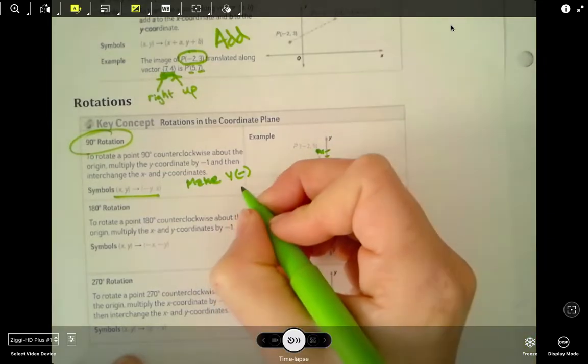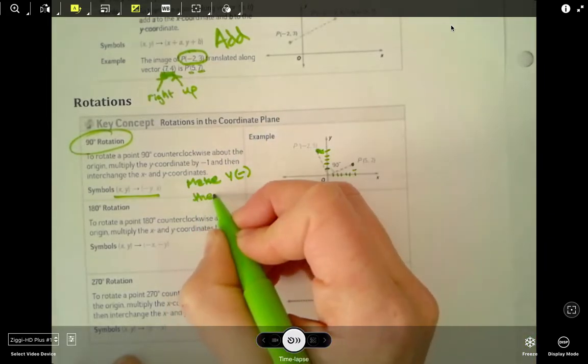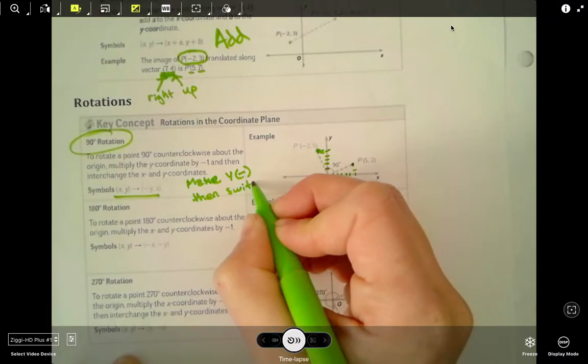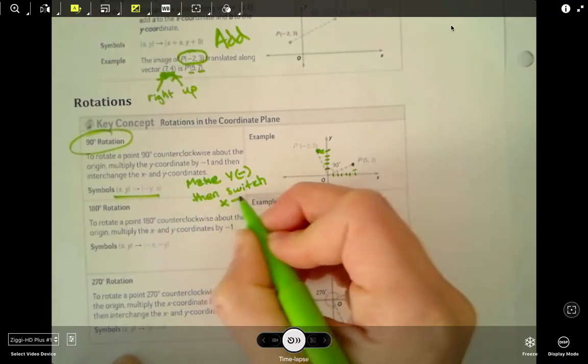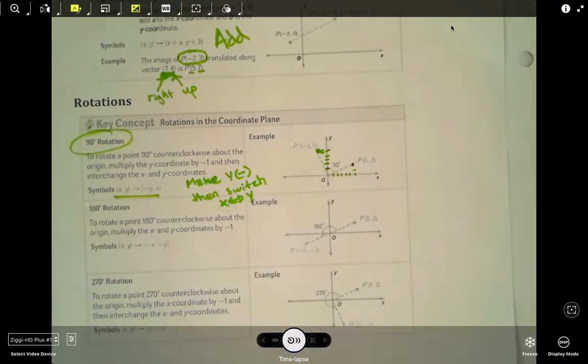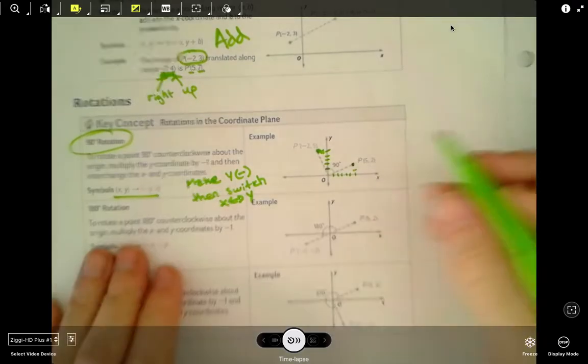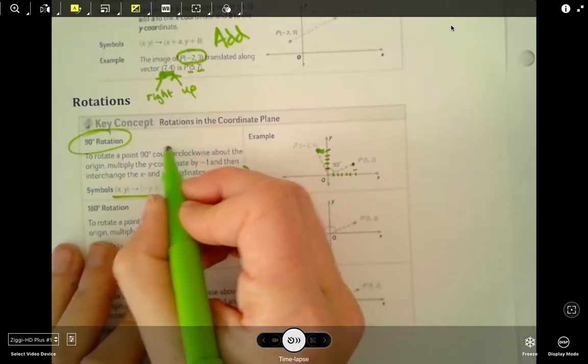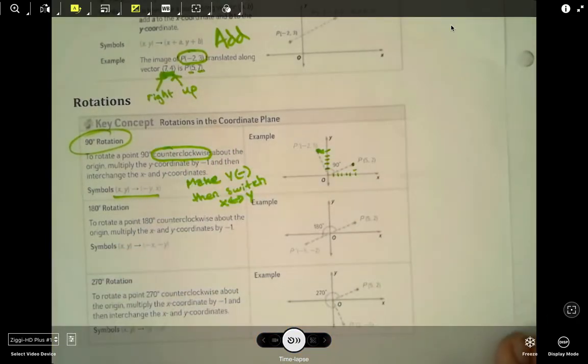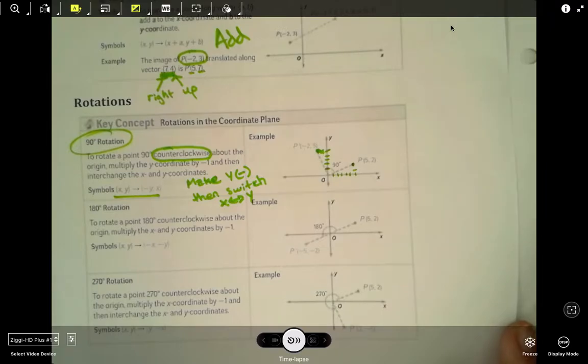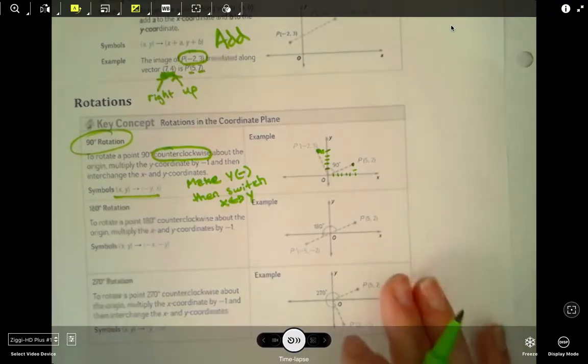If it's already negative, you make it positive. And then switch x and y. You make the y coordinate negative, and then you flip the x and y. Now that is a 90-degree rotation counterclockwise. We'll talk about that here in just a second. You make the y coordinate negative, and then you switch x and y.